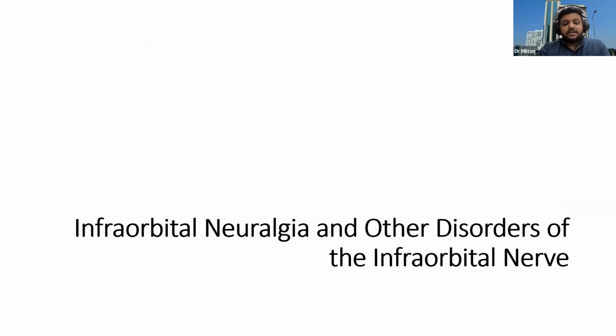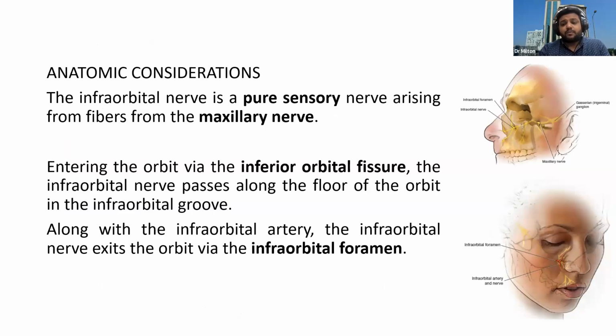The second is infraorbital neuralgia, and other diseases that involve the infraorbital nerve. The infraorbital nerve is also purely sensory, and it arises from the maxillary nerve. You can test by touching between two areas.